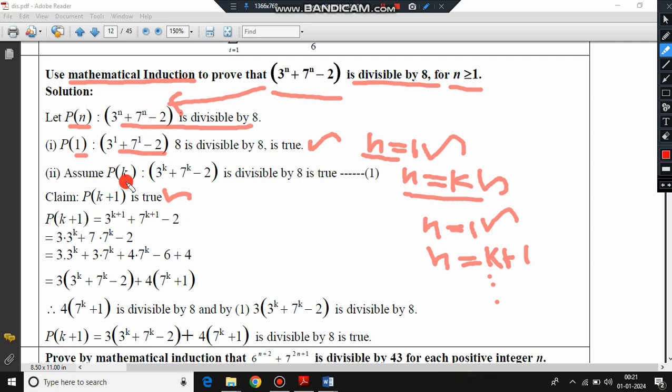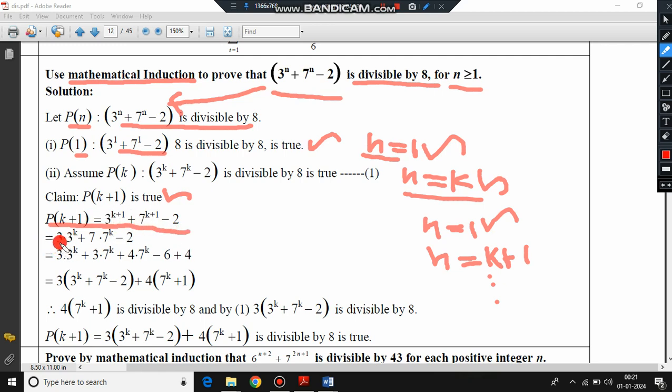Given the proposition, you substitute n equals k plus 1, then you will get P(k+1) equals 3^(k+1) plus 7^(k+1) minus 2.